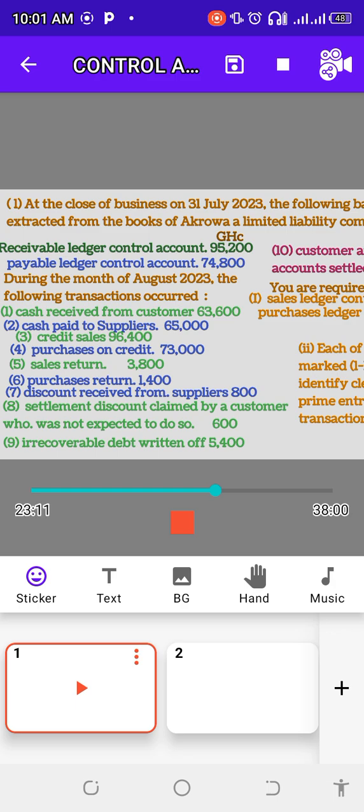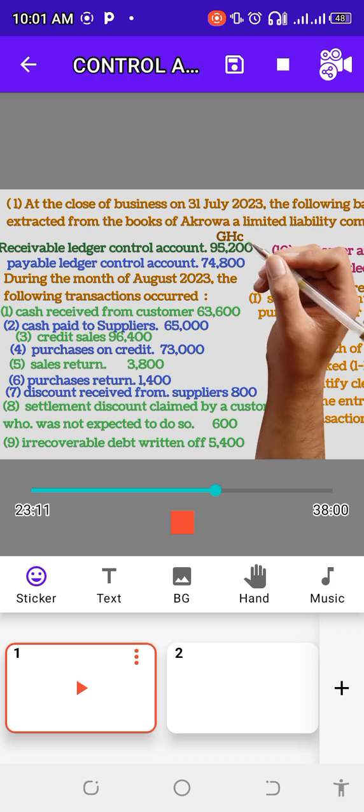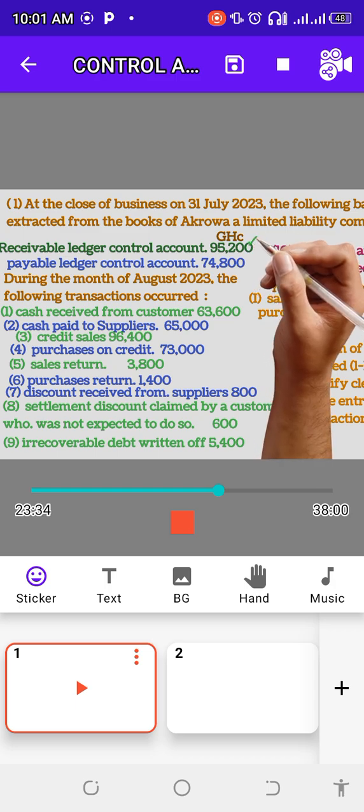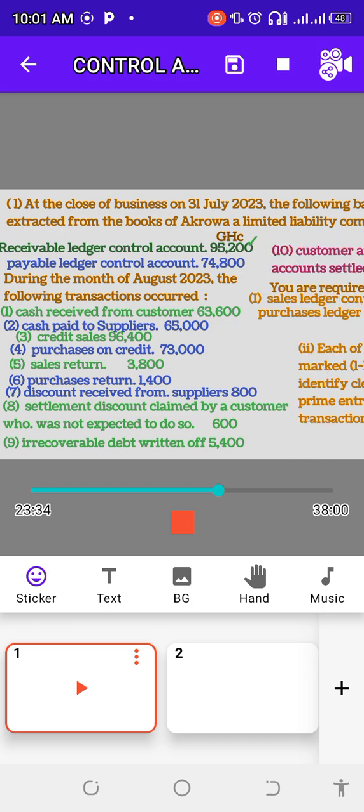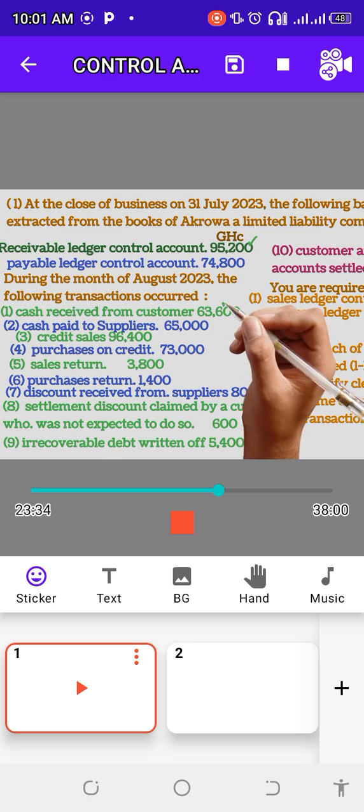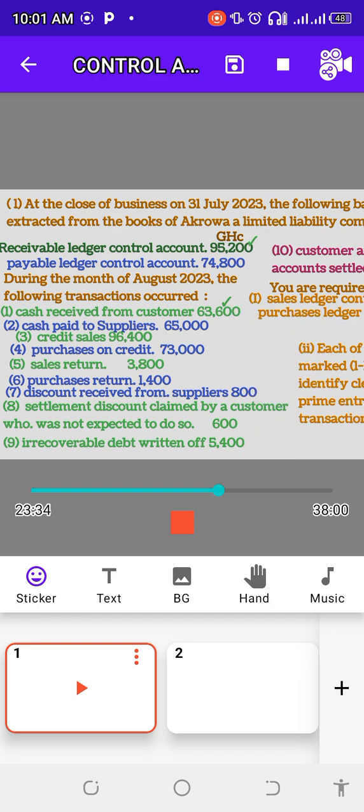So the first thing to do is to identify the transactions that are going to the sales ledger and the ones going to the purchases ledger. From this example, all the transactions marked green are for sales ledger control account. For instance, the first one there, receivable ledger balance, that is 95,200, is for sales ledger control account. Number 1, cash received from customer, is for sales ledger control account.